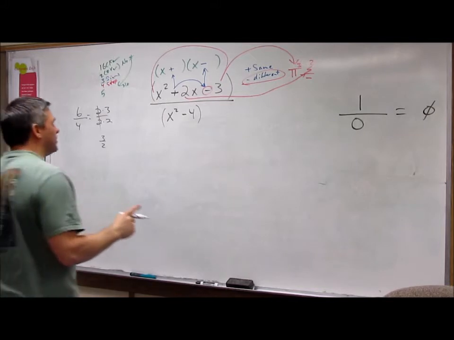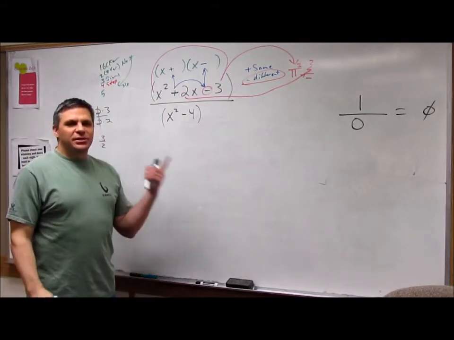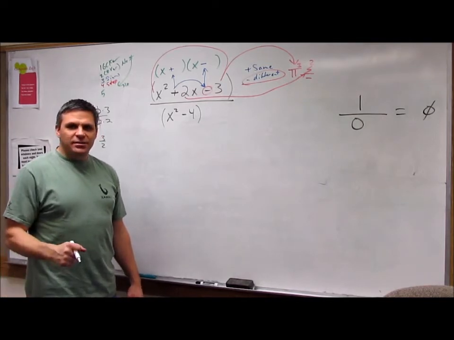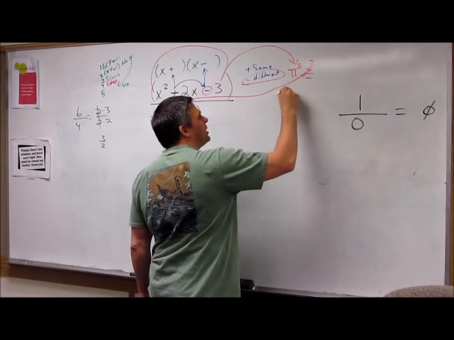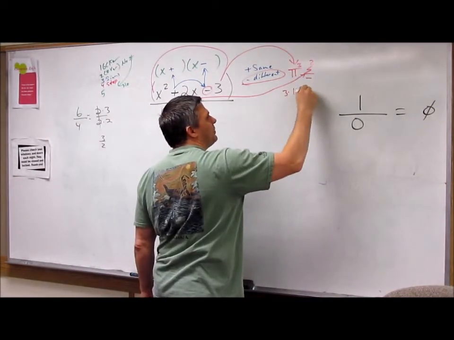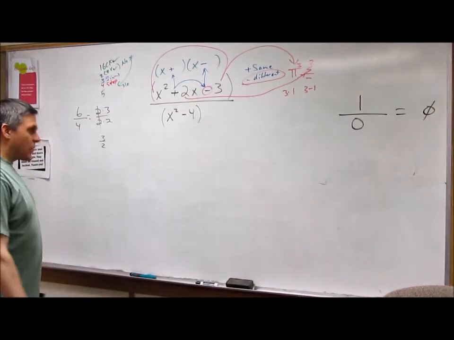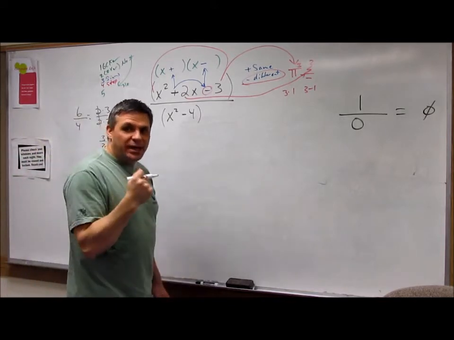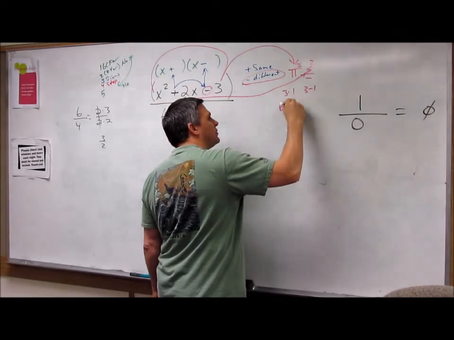It's really crucial. Right off the bat, I need 2 numbers that multiply to be 3 but subtract to be 2. 3 times 1 is 3, and 3 minus 1 is 2. Notice how I put it 3, 1. It's very crucial: big number first.